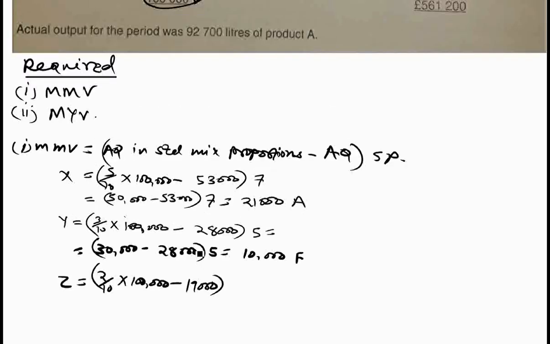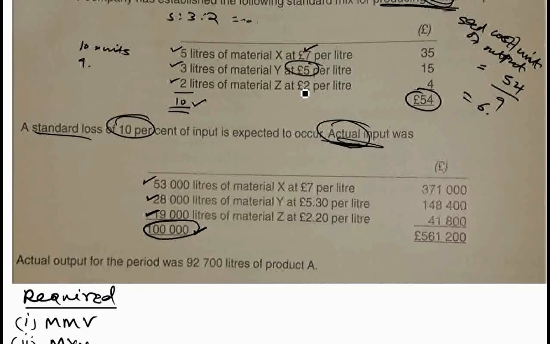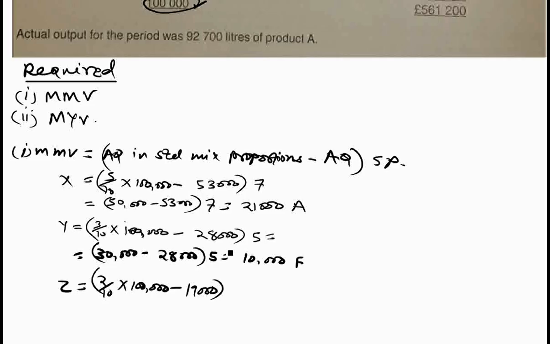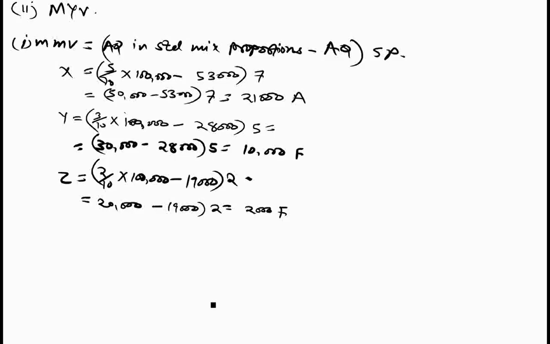The standard price of Z is 2 shillings, so into 2. 2 over 10 times 100,000 is 20,000, minus 19,000, of course that is positive 1,000 times 2. So that should give us 2,000 favorable. Good. Finally, we need to calculate material yield variance.